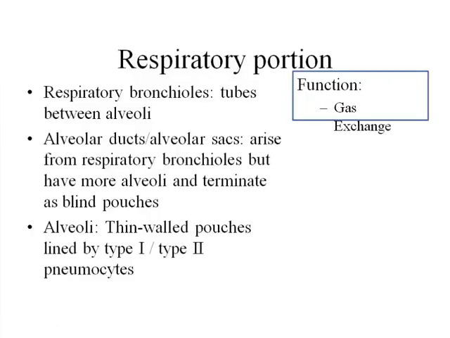Respiratory portions: these bronchioles, the respiratory bronchus means the tubes between the alveoli. An alveolar duct or alveolar sac arises from the respiratory bronchus but has more alveoli and terminates as blind pouches. Now, these blind pouches are what we call alveoli. In three-dimensional structure, you will see that this is a single grape-like structure attached with a stem.